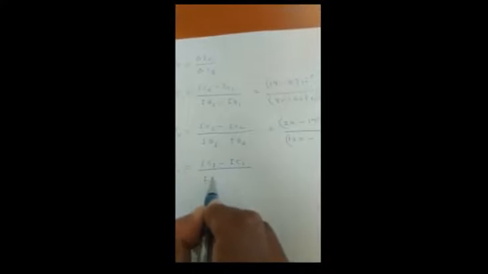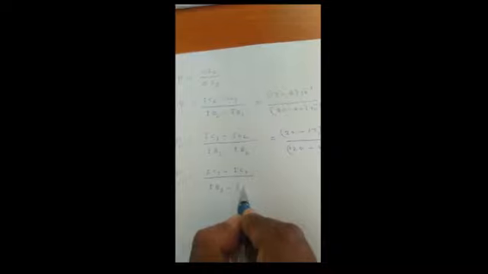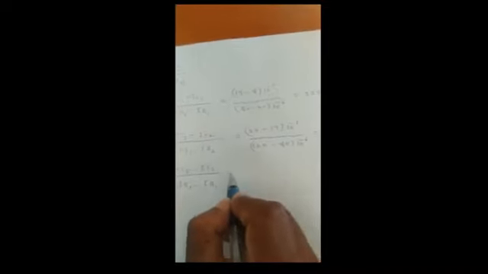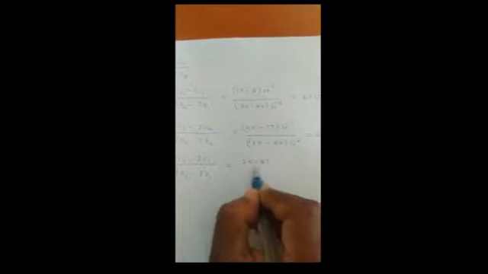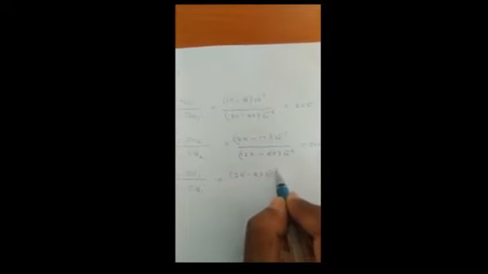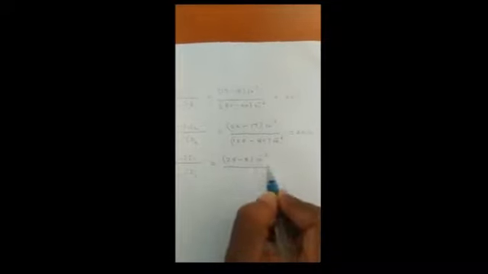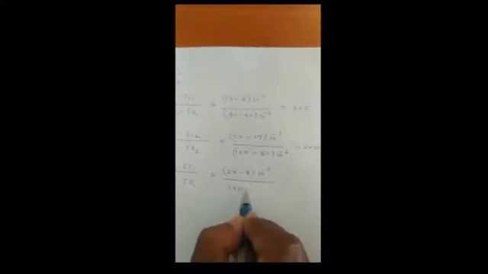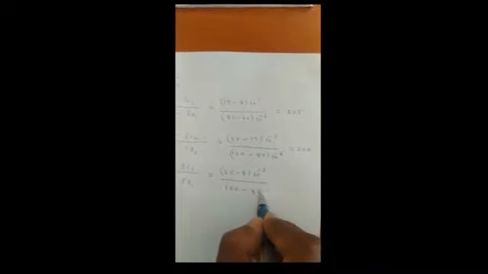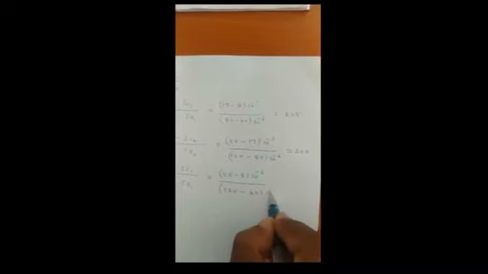Similarly, beta 3 is given by IC3 minus IC1 divided by IB3 minus IB1. This is equal to 25 minus 8 into 10 to the power minus 3 divided by IB3, that is 120, minus IB1 is 40 into 10 to the power minus 6.